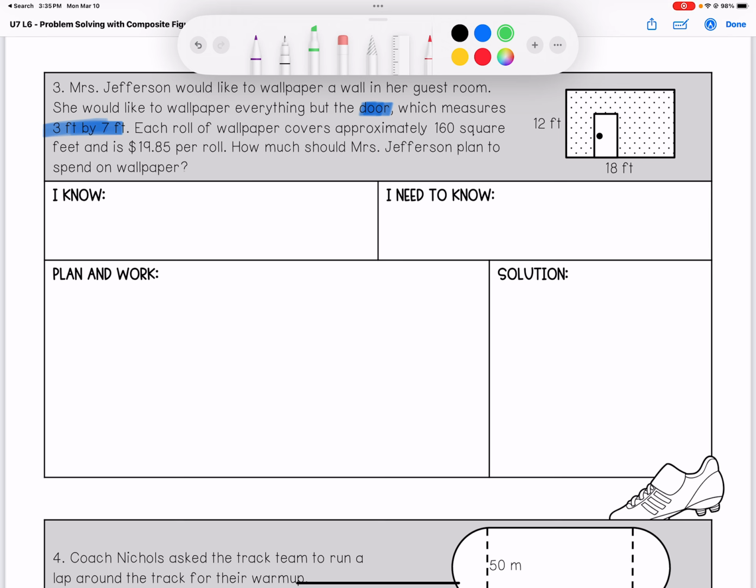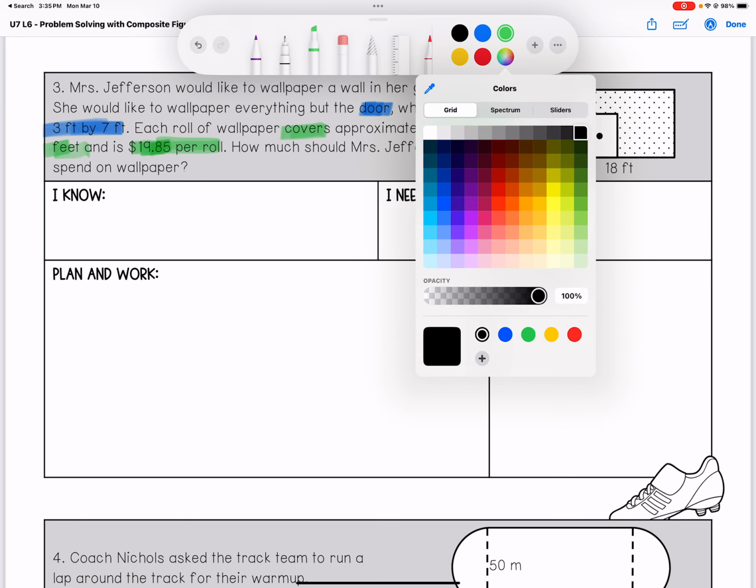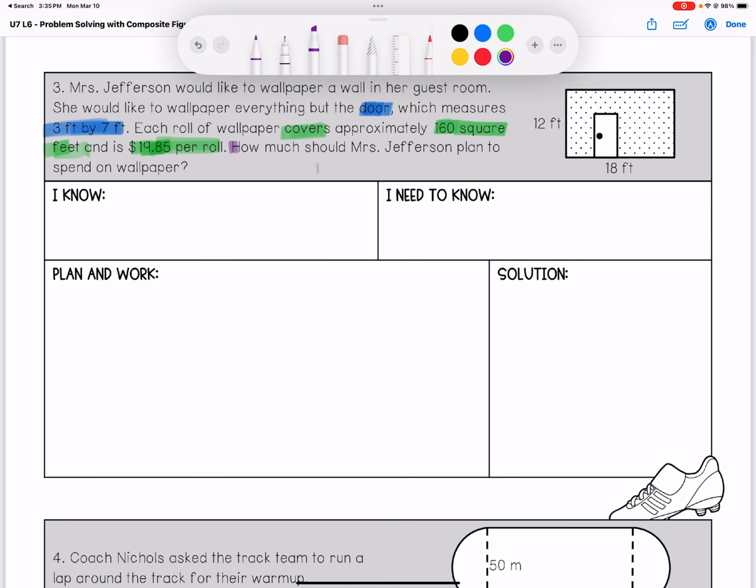The wallpaper covers 160 square feet, and it's $19.85 per roll. So the question is, how much should she plan to spend on wallpaper? It also tells us over here that the whole wall is 18 by 12.